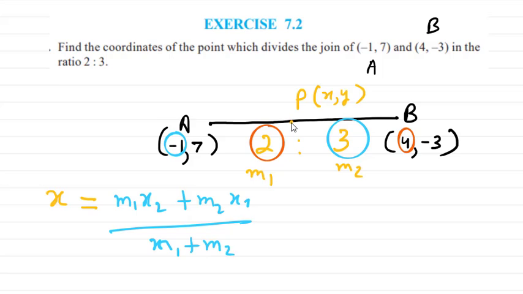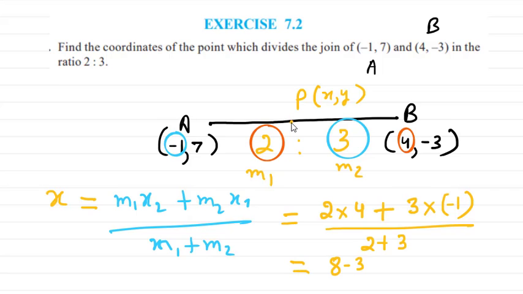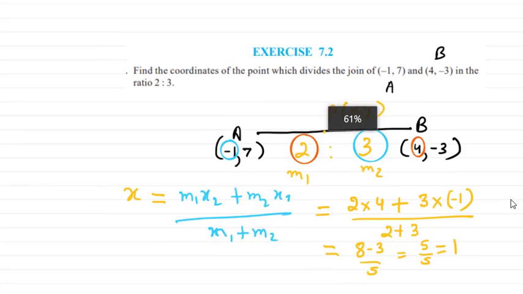So here m1 is 2 and x2 is 4, so 2 into 4, plus m2 is 3 and x1 is -1, divided by 2 plus 3. After solving this, we get 8 minus 3 divided by 5, that is 5 by 5 equals 1. So the x coordinate will be 1.